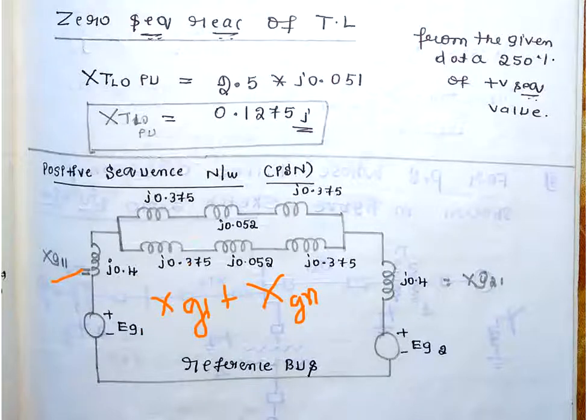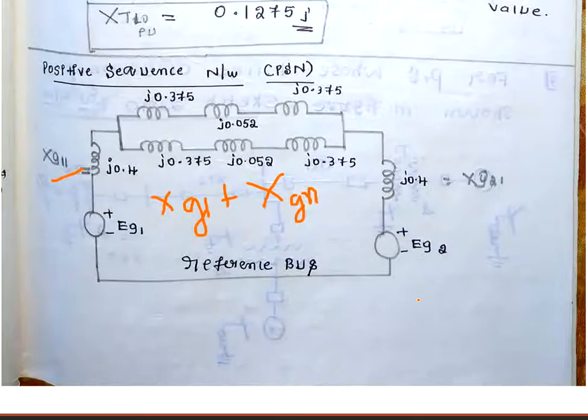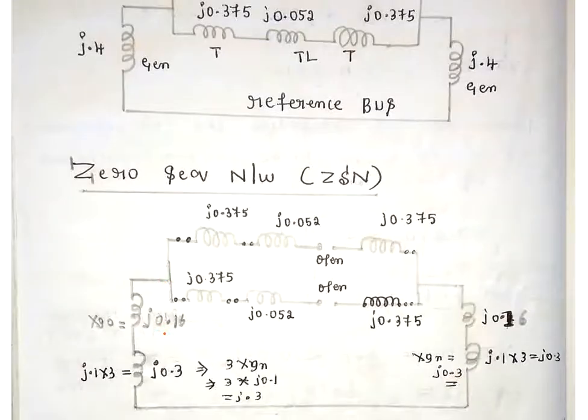Now for the generator, you have found the transformer and transmission line, and again the transformer, and because the generator is considered to produce positive sequence components of voltages, then it is Eg2. Similarly, for the negative sequence network, there is no difference, only the generator voltage source is removed because the generator will not produce any negative sequence component of voltages.